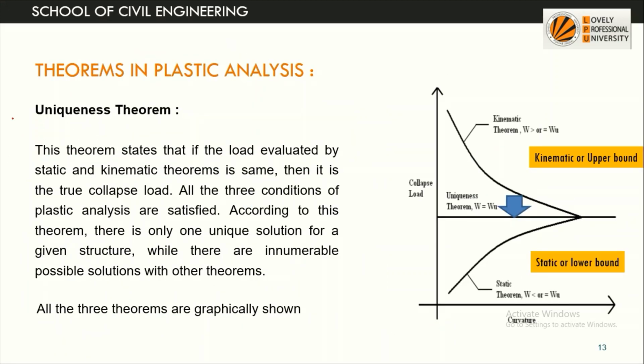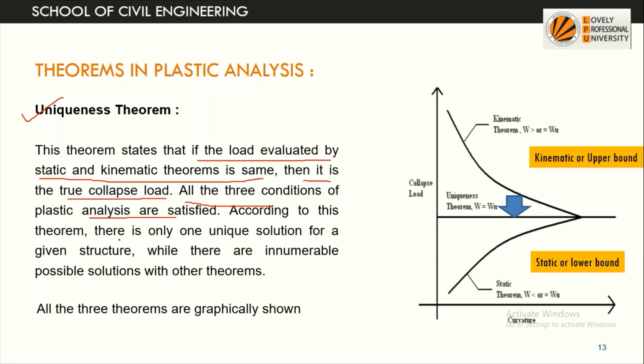Now this is the uniqueness theorem. The uniqueness theorem is very simple. This theorem says that the load evaluated by the static and kinematic theorem is the same. This is only possible when W is equal to the true collapse load, WC. All three conditions of plastic analysis are satisfied.